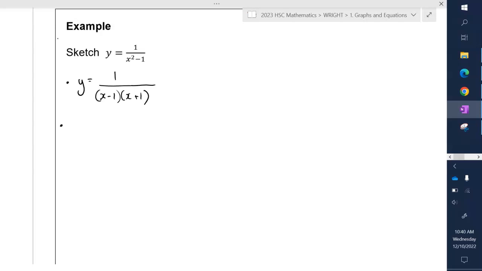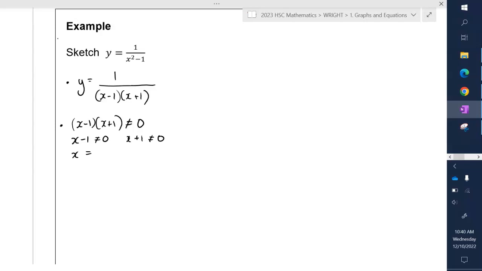The second point was to have a look at the domain. So we know we can't divide by 0. So this bottom line here cannot equal 0. So we can't have x minus 1 times x plus 1 equaling 0, which basically means x minus 1 can't equal 0, and x plus 1 can't equal 0.